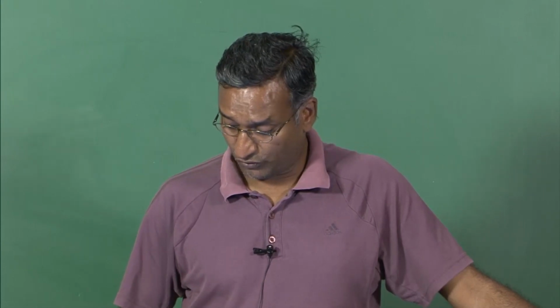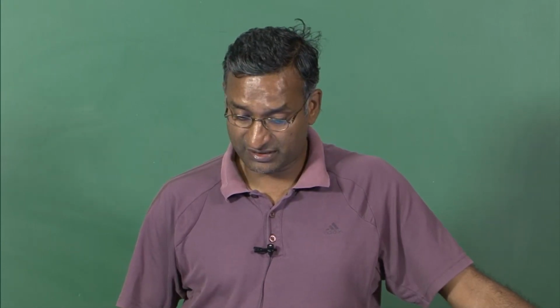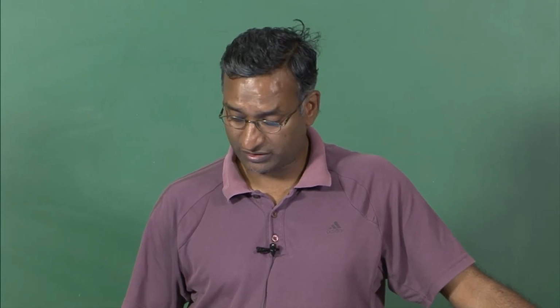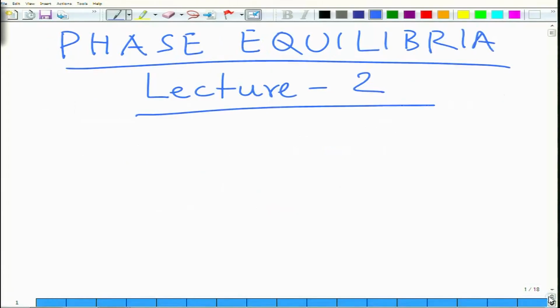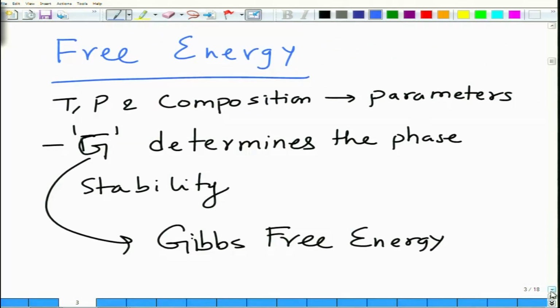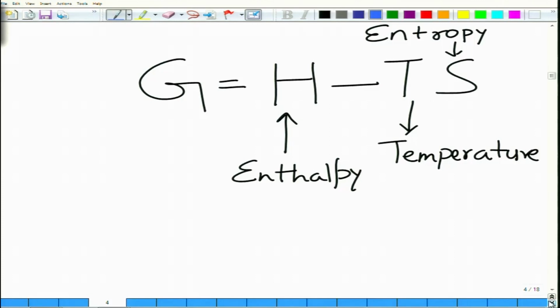What we have learnt in this lecture, if you go from the beginning, is the concept of free energy, what free energy is, and what are the terms which are included in free energy. Free energy is required to understand phase stability, and free energy consists of three terms: enthalpy, temperature and entropy. Enthalpy is basically the heat content of the system.